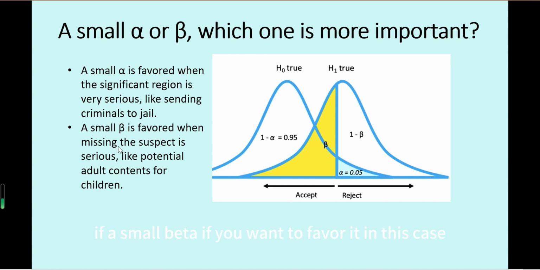But for a small beta, if you want to favor it, it is in the case when missing the suspect is serious. So if we do not want to miss any suspect, even a little suspect, then we want to move the critical region. The example is like potential adult content for children. So in this case, we want to set the critical region on the left side, maybe move to here.